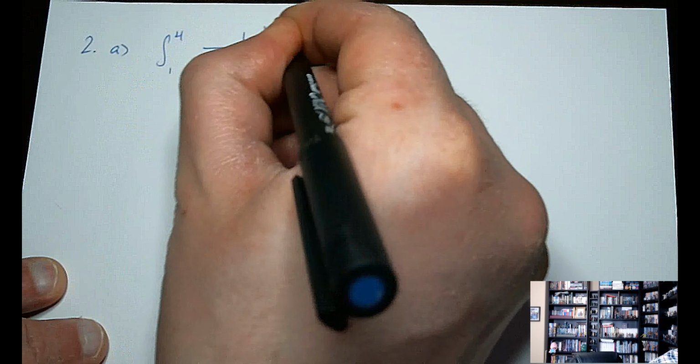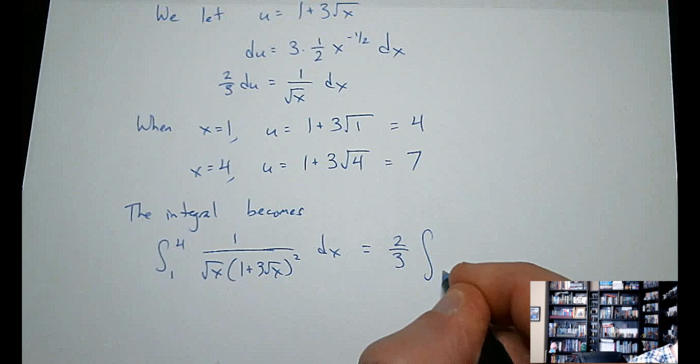So in this case, then, the integral becomes, well, what was the integral from 1 to 4 of 1 over root x times (1 plus 3 root x) all squared. That's now going to be the 2/3 from our u-substitution, from the differential, times the integral, now from 4 to 7.